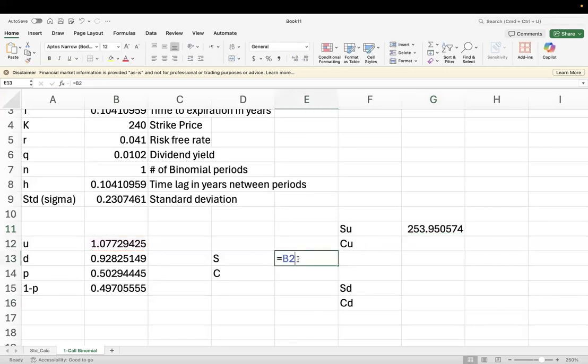So how about I just put a dollar sign here because I know this is fixed.